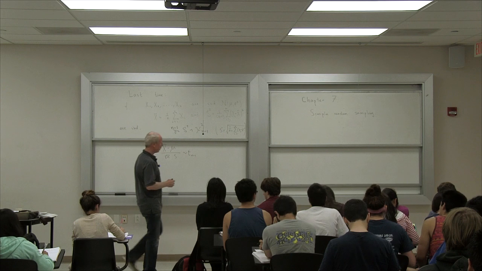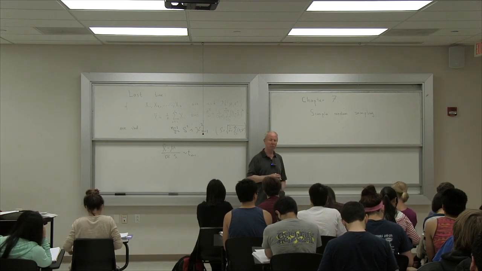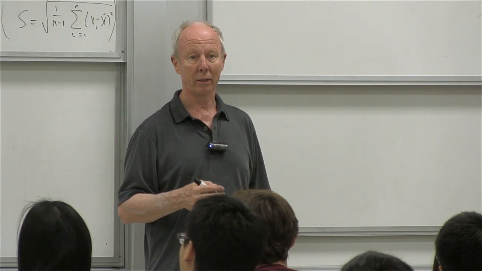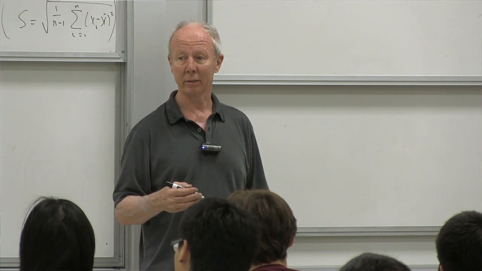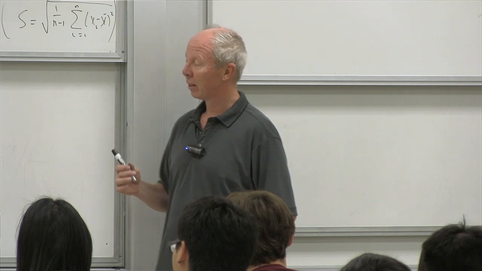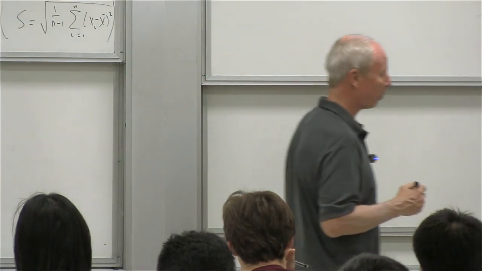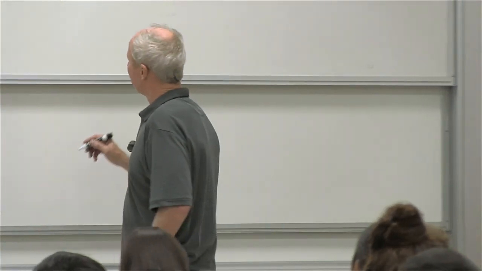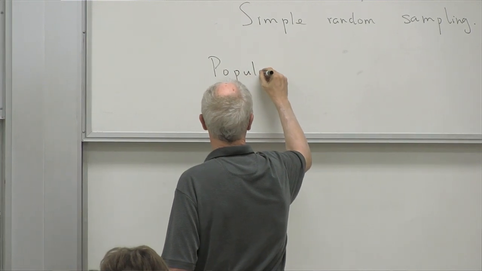And what usually happens is these objects are assigned some value, like a weight, a strength, a score on a test, or an opinion about a candidate. And you want to discern what's the mean of the whole population, what's the mean value of these things, or maybe what's the variance. So the population size will be denoted by capital N.